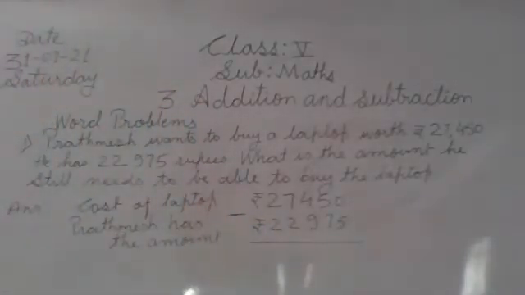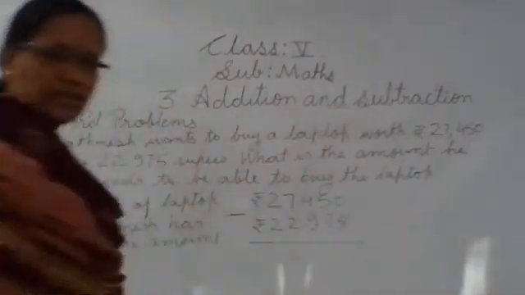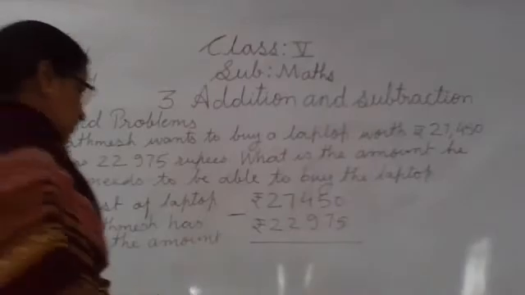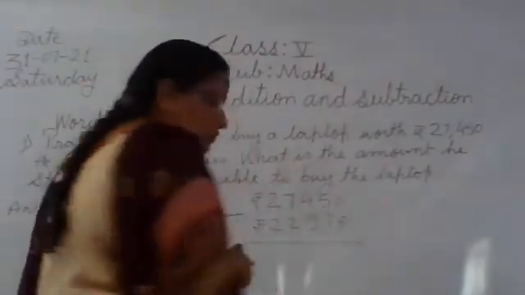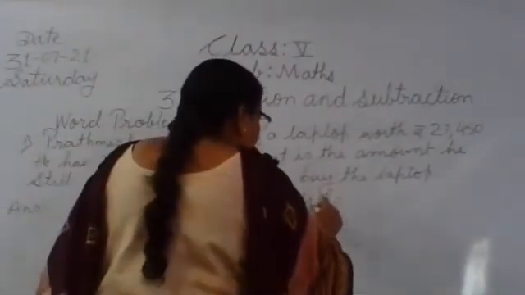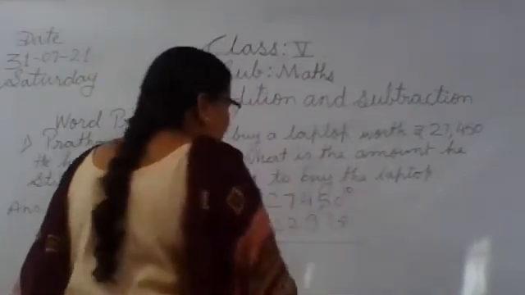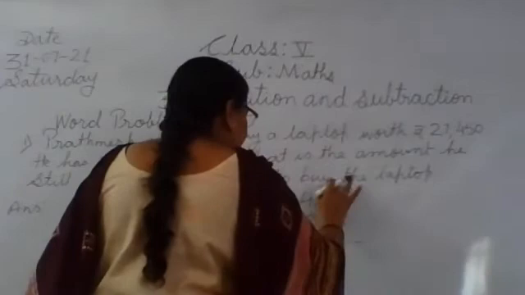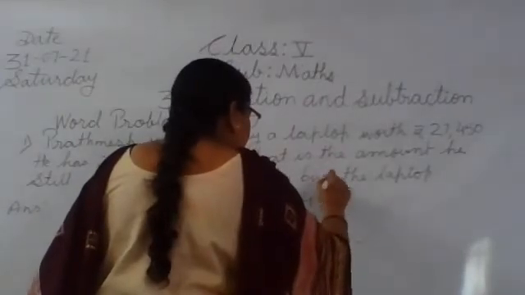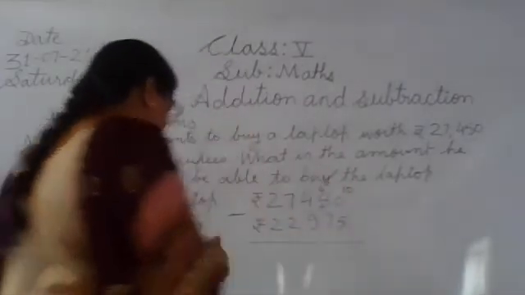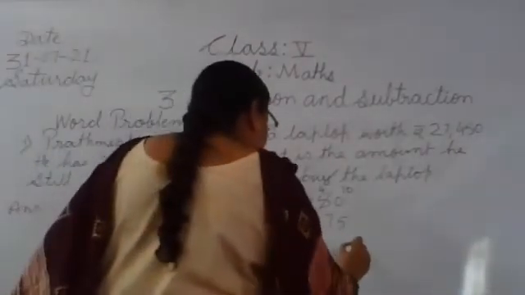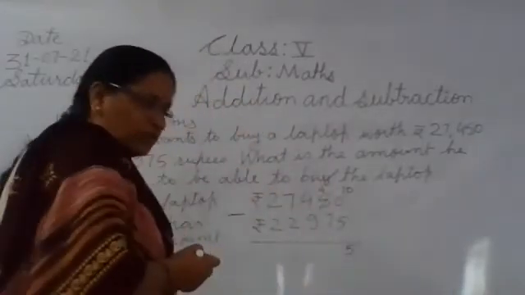Okay, again we will start the subtraction from the right side. So 0 minus 5 is not possible. So again we will borrow 1 from this. So it becomes 5 and it becomes 4. 10 minus 5, 5. 4 minus 7, not possible.